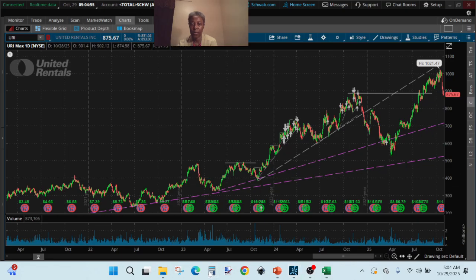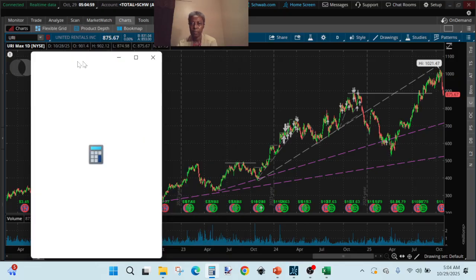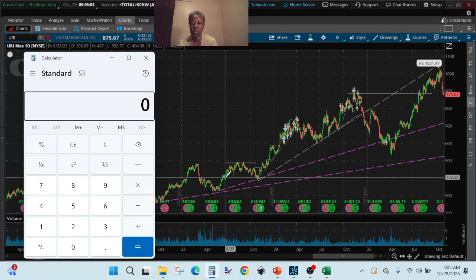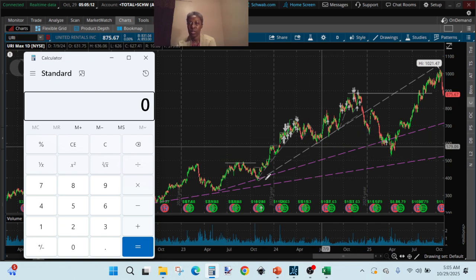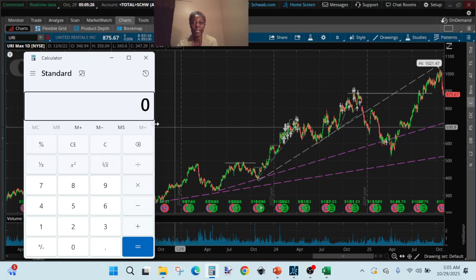Let's use this calculator here and try it again. So it's leaving this support line going up, and you purchase it somewhere here around 407, let's just say 410, and then you sold it before it was done climbing up. So let's say you sold it somewhere here, to be conservative, 811, let's just say 810.